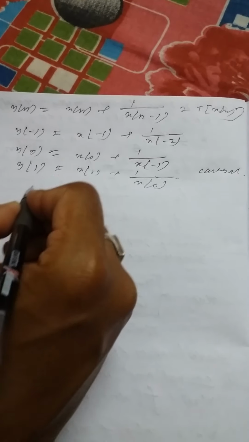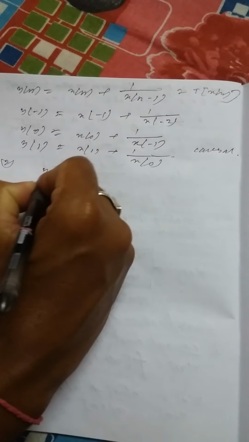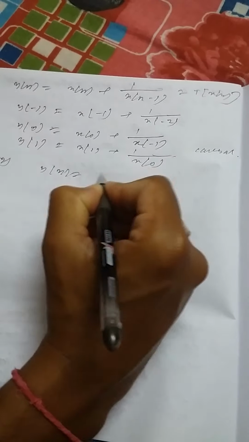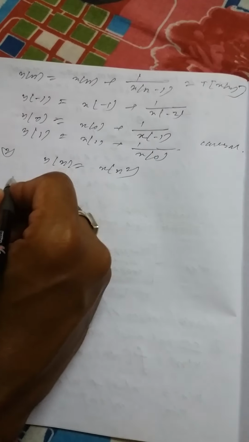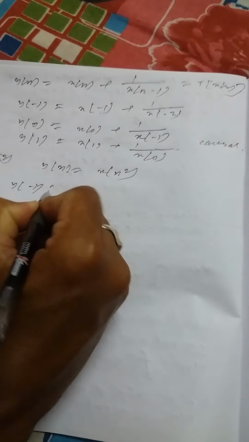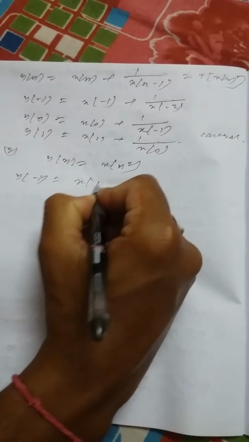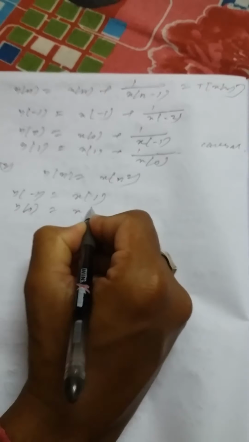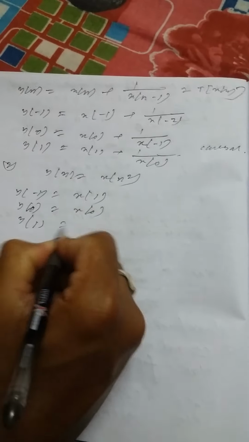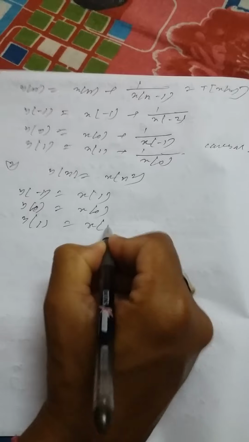Now an example of a non-causal system. Suppose the system is given by y(n) equal to x of n square. This is a non-causal system. Why? Y of minus 1 will be equal to x of 1, y of 0 is equal to x of 0, and y of 1 is equal to x of 1.